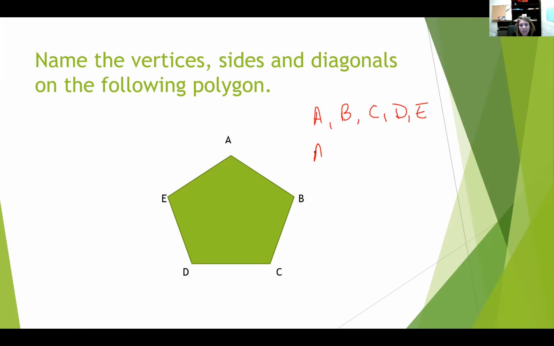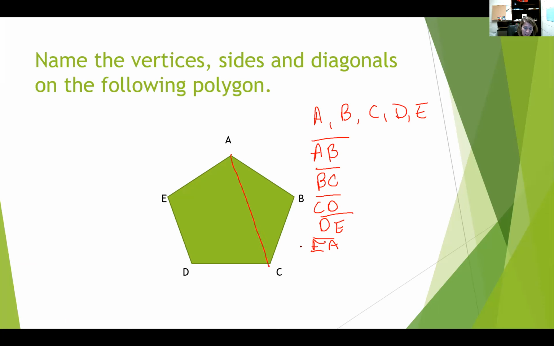The sides, again, you can name these a little differently. AB, BC, CD, DE, and EA. Okay, again, you could switch the order of those.